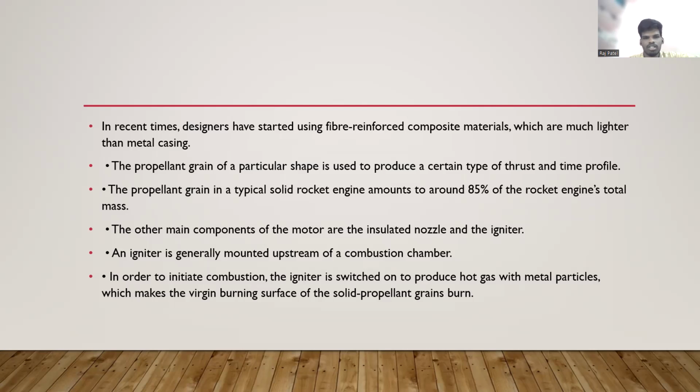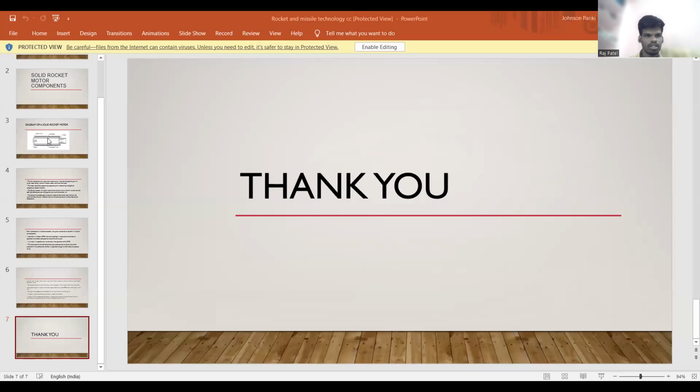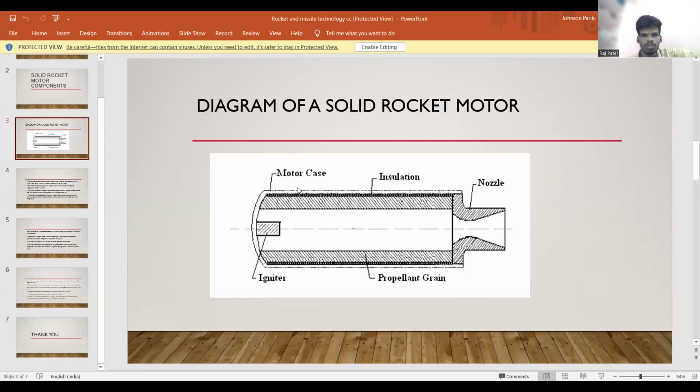Whereas here in solid propellant rocket motors, the propellant comes as a solid part and burns. And this is the solid motor casing, and this is the general diagram of a solid rocket motor.